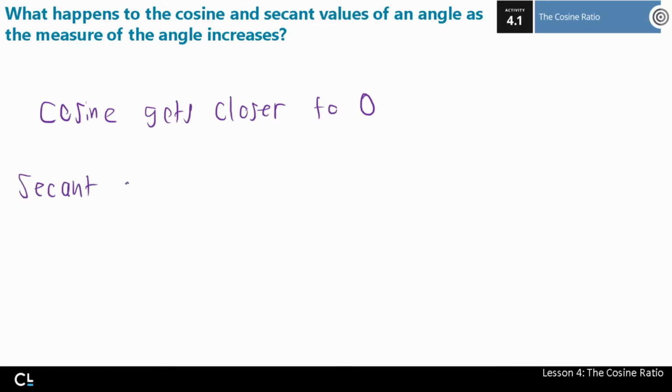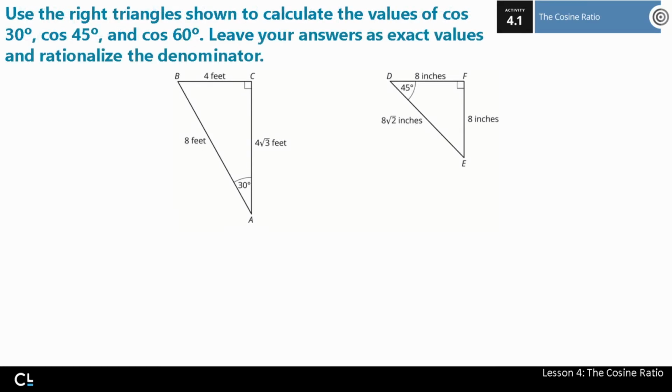Secant gets bigger. Can't even say it gets closer to anything. We don't really know what it gets bigger to. It gets bigger, right? Because we can't even find our secant of 90, right? So it just gets bigger right now. So let's keep it moving.